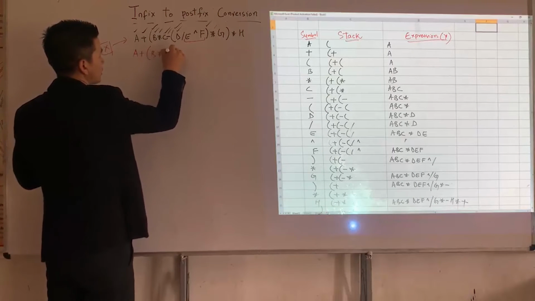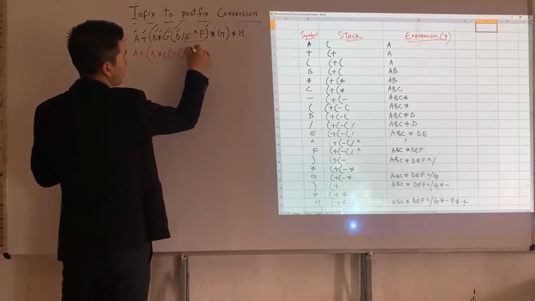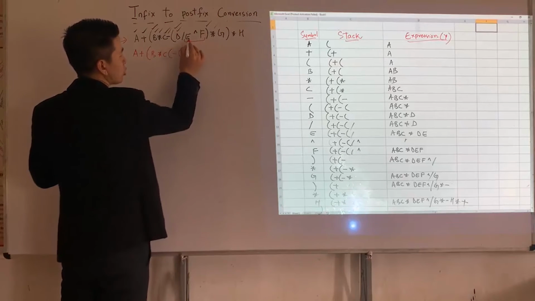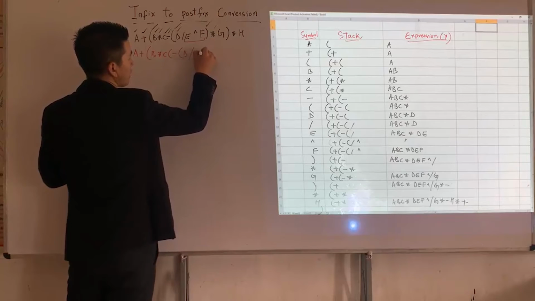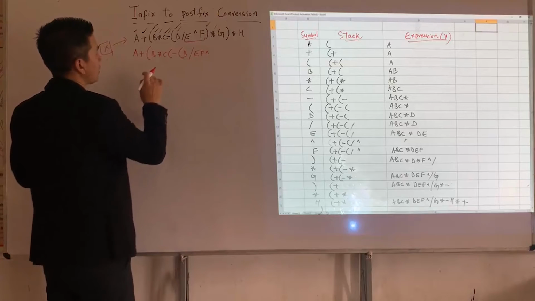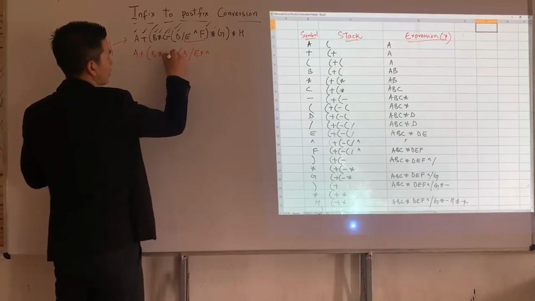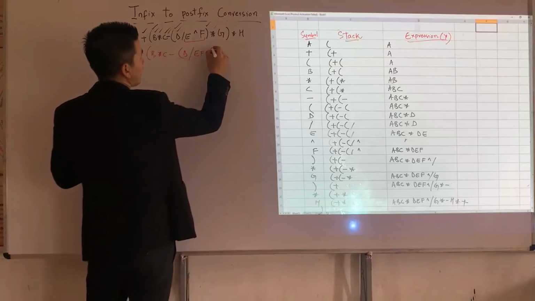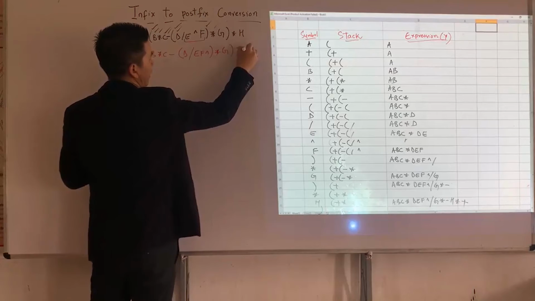B into C minus D, and then the division operator. So E exponentiation F will change to E F, and then the exponentiation operator. Like this. And then you have the G, and then you have the H.